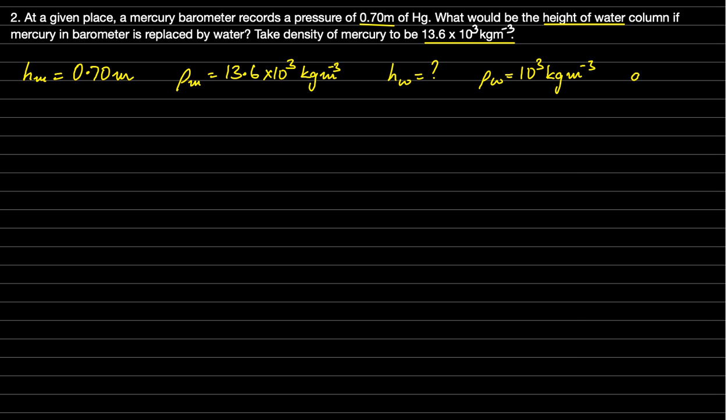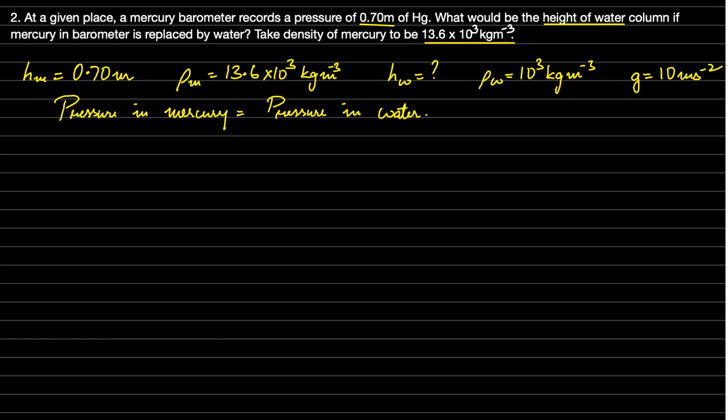G value we can consider anything. I would consider it as 10 meter per second square. So now I would write pressure in mercury is equal to pressure in water.